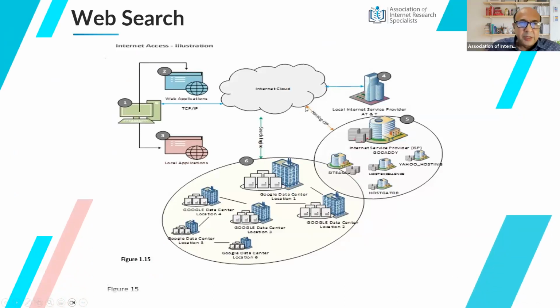Okay, in this one, we are just trying to explain how the internet is different from the browser and what the different segments of the ecosystem are that make the internet. First of all, between 1, 2, and 3, you could see that it starts with the web application.